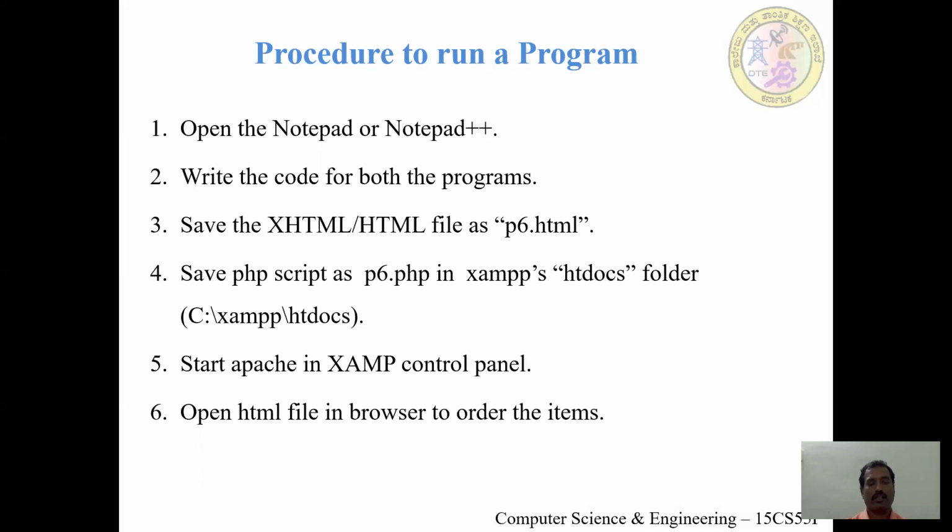We need to save the XML document or the HTML document by the name p6.html on the desktop or in our folder, and we need to save the PHP script on the local host by the name p6.php in the XAMPP htdocs folder, that is in the C drive, XAMPP and htdocs folder. Then start the Apache from the XAMPP control panel and you can run your program in the browser.